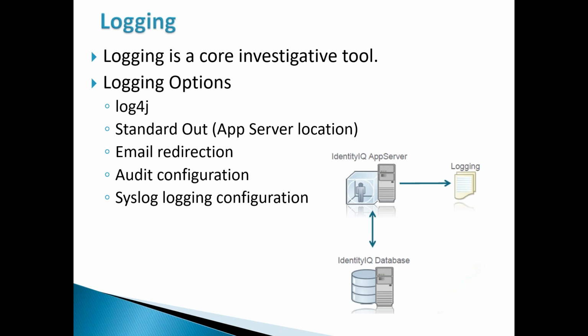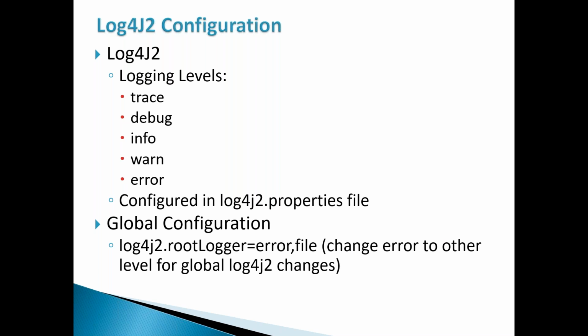So let me go into detail. In the log4j configuration, you know about the logging levels, right? Off, then trace, debug, info, warn, error, and all. We have these levels, the same thing as in Java, and we are doing it in SailPoint also. There is a configuration file available, log4j2.